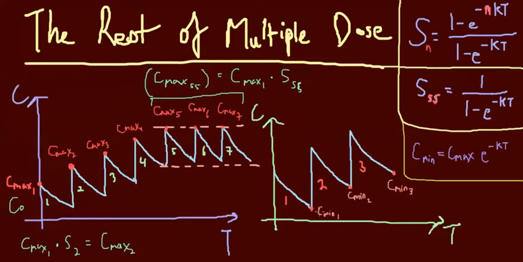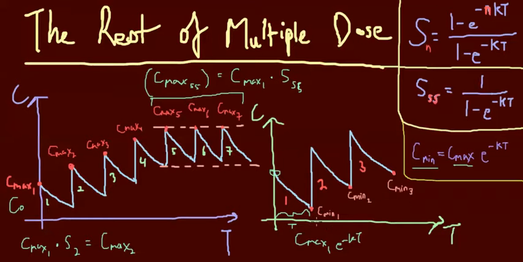And then for the minimum, I have it on this second graph. Basically you have your C minimum for the first dose, C minimum for the second, C minimum for the third. And in order to find C minimum, you just do the max times e to the negative kt, and you get the minimum. So for example, for the first one, we have C max 1 times e to the negative kt, whatever t is, and t is this interval right here.